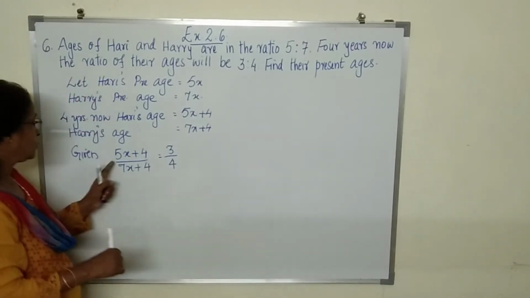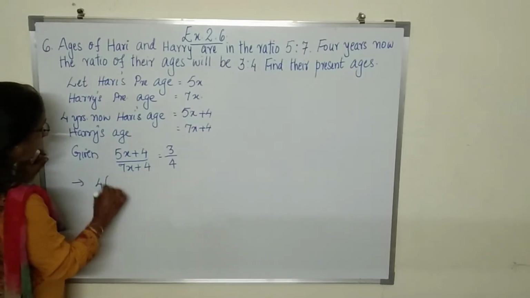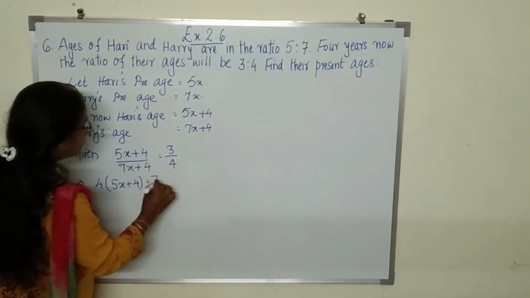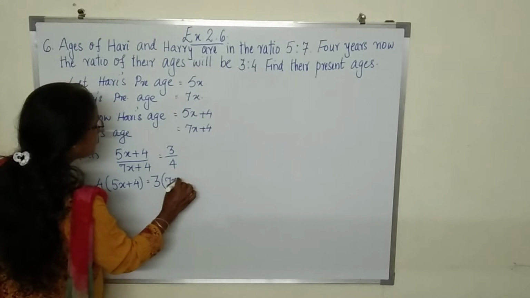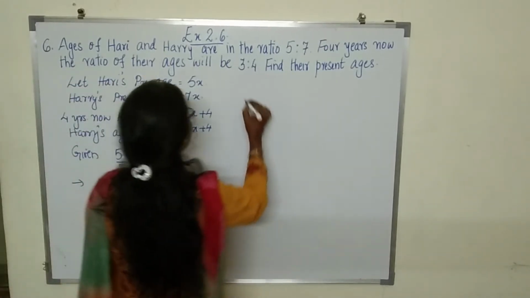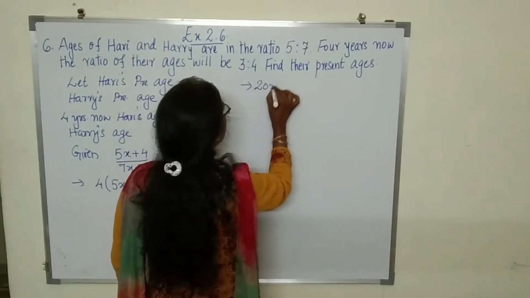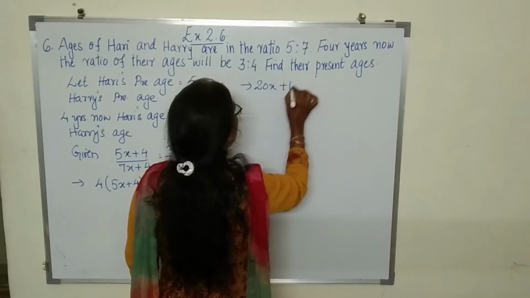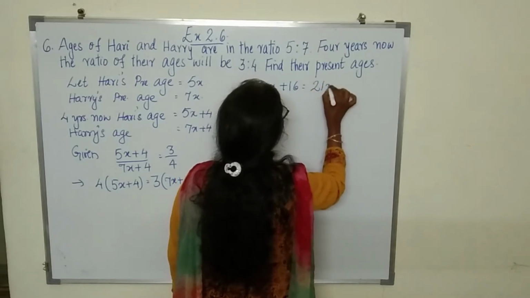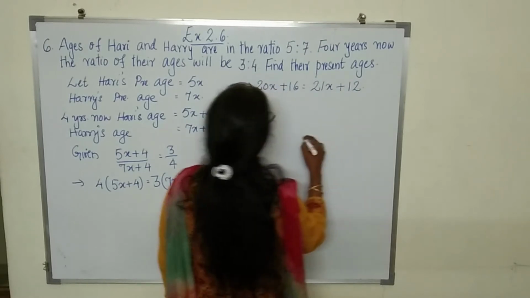Now you know what to do. Cross multiply them. So 4 into (5x plus 4) is equal to 3 into (7x plus 4). Let us open the bracket. What do you get? 4 5s are 20x plus 16 is equal to 7 3s are 21x plus 3 4s are 12.